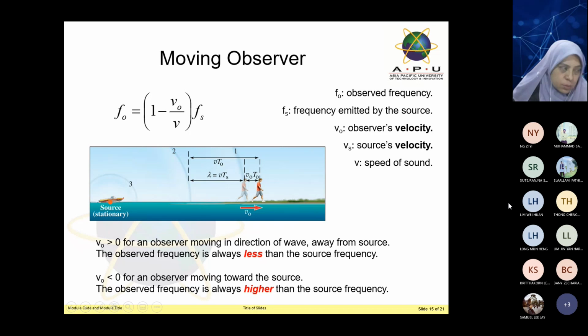Vo is more than 0 for an observer moving in the direction of the wave, away from the source. So this is the direction of the wave, going to the right. And the observed frequency is always higher than the source frequency if Vo, the observer velocity, is less than 0.